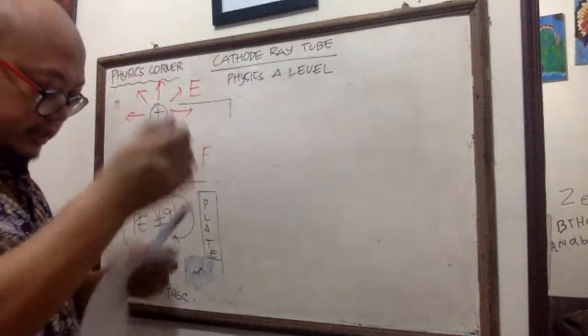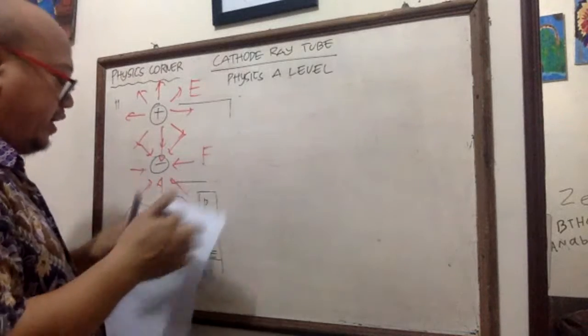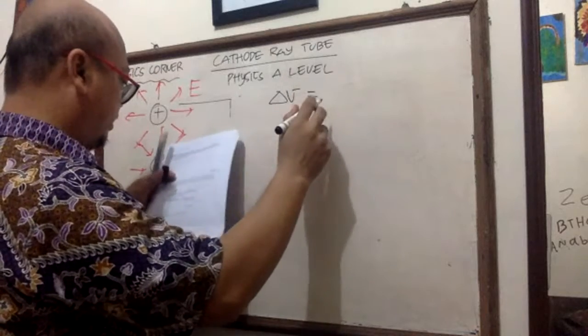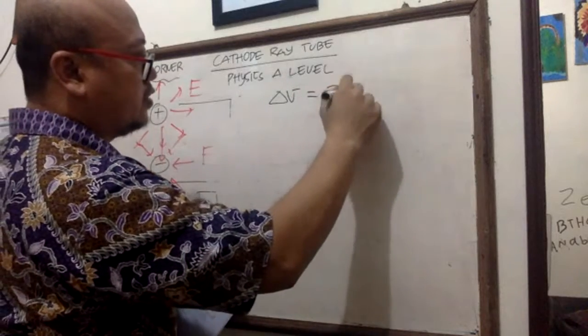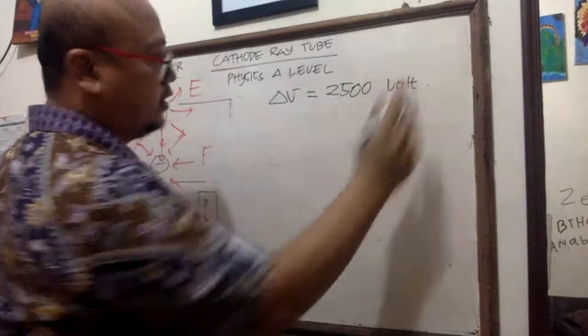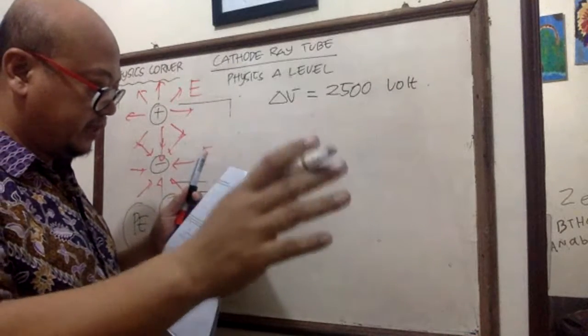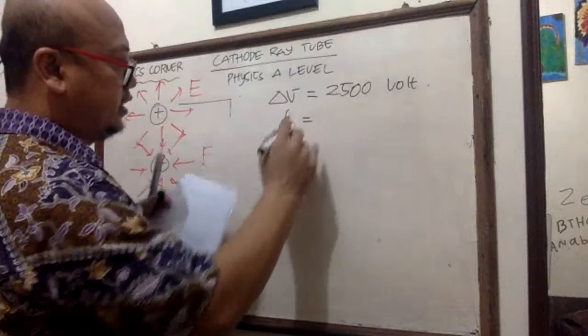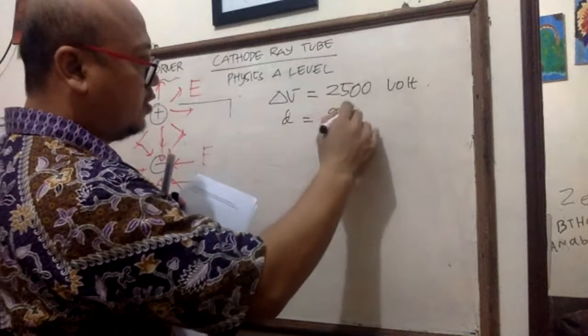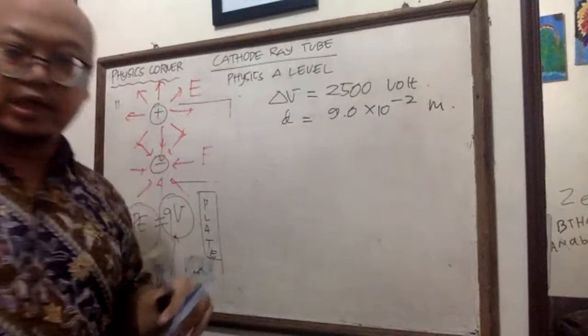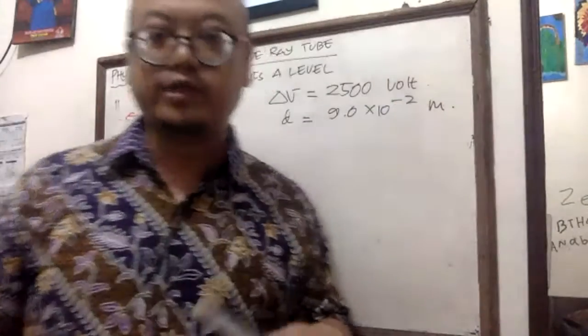Here we have delta V, 2500 volt, and across the separate plates, let's say d is 9.0 centimeter, which is 9.0 times 10 power minus 2 in meter. We could directly change into SI unit.